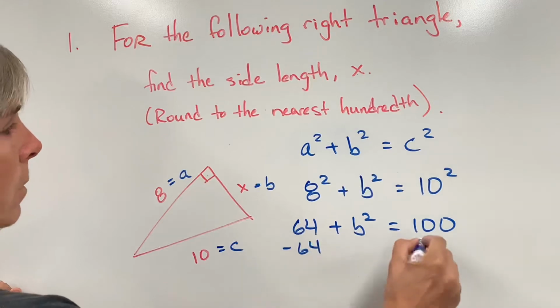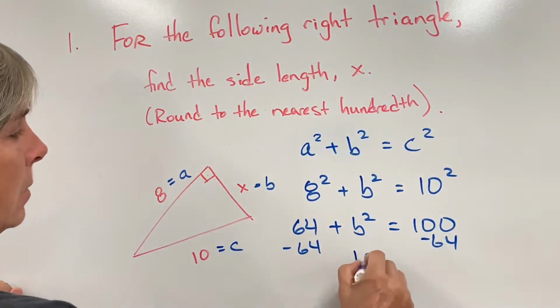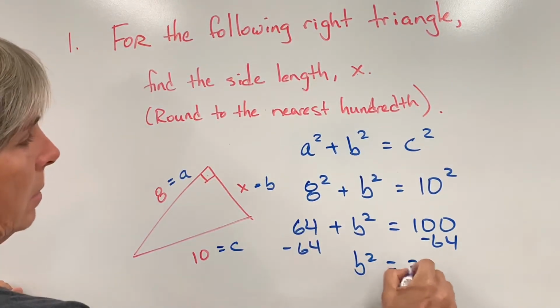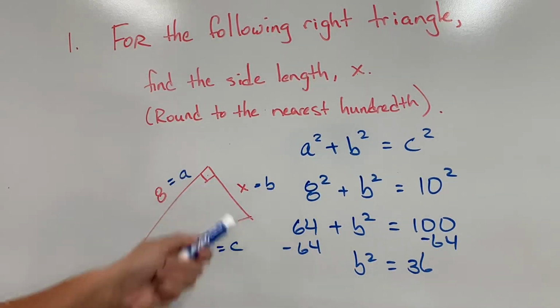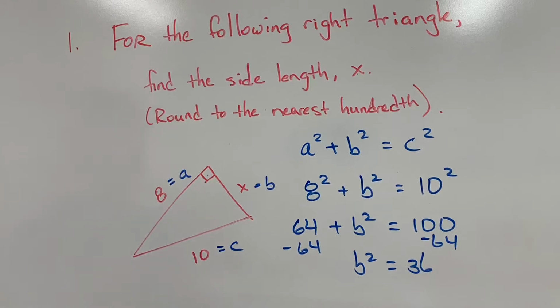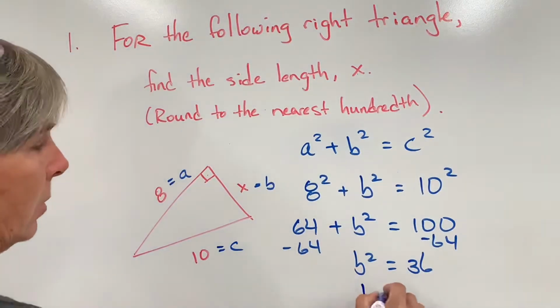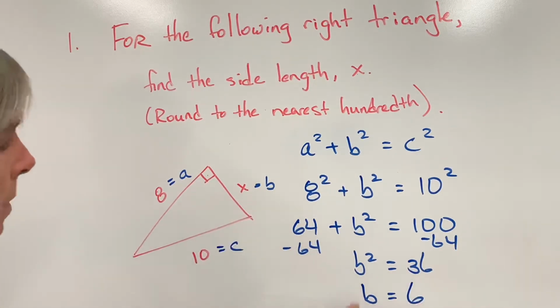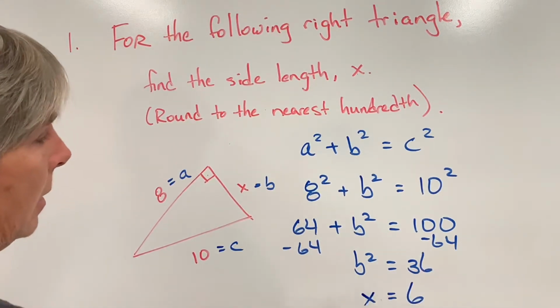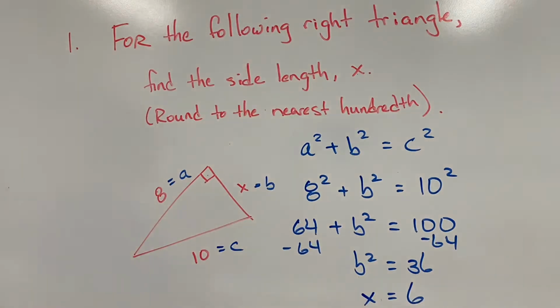Subtract 64, and I get b squared equals 36. Take the square root, and mathematically you would get a positive or negative 6. But because we're talking about distance, we never measure distance as a negative number. So b equals 6. They use x, so x equals 6 for that problem.